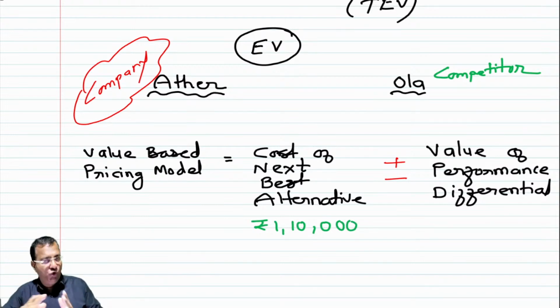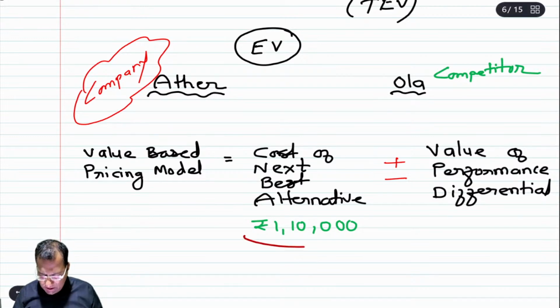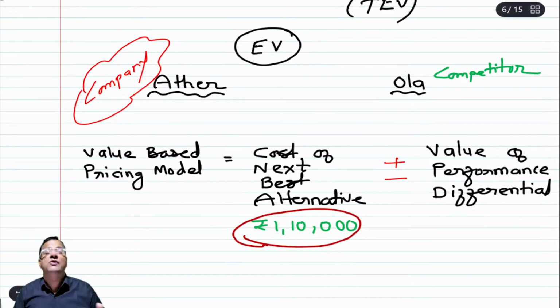If the customer doesn't take my product, he will buy the Ola electric vehicle and it will cost him 1,10,000. If we simply go for competitive pricing in the form of going rate pricing, then my pricing will be marginally higher or lower than 1,10,000.